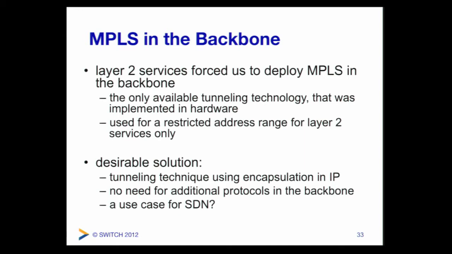In fact, we would like to get rid of MPLS again, maybe in the future. Maybe there is another tunneling technique that encapsulates those Ethernet frames in IP. We would very much appreciate it. Then you have no need for the MPLS protocol in the backbone, and only at the edge you would encapsulate the packets. Maybe this is an interesting use case for software-defined networking in the future, so we can implement our own protocols if the vendors do not.